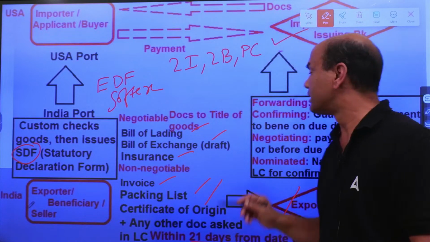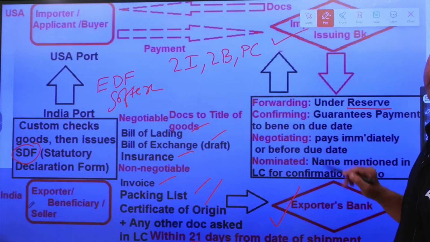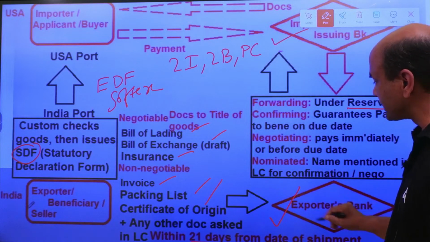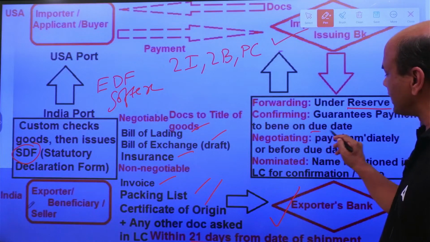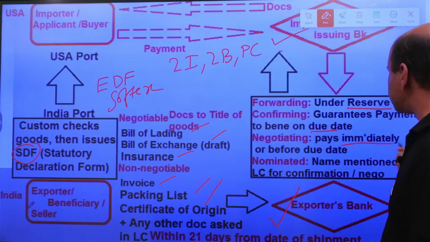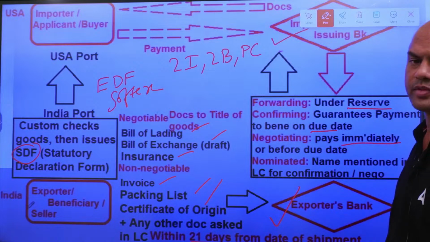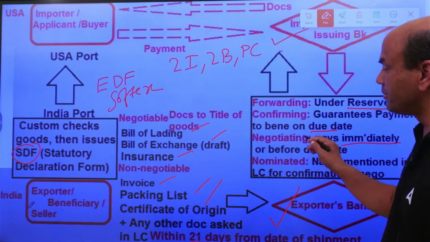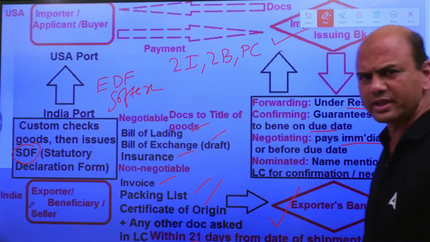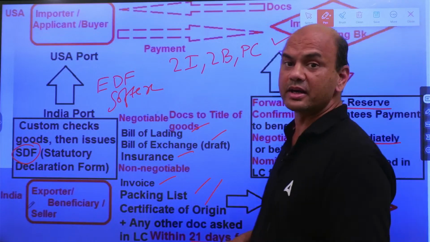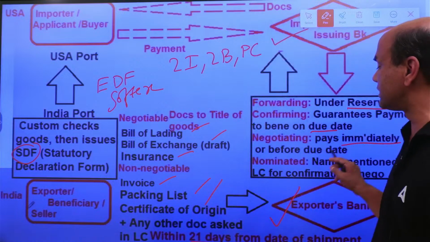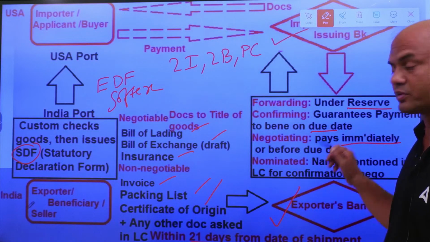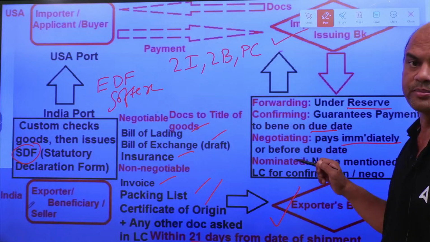Now the negotiating bank. What happens here? The exporter's bank says, instead of paying you on the due date, I will pay you right now, immediately, via post shipment finance. It will pay via post shipment credit, but immediately or before the due date. That is known as the negotiating bank.